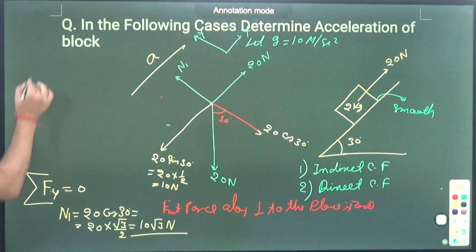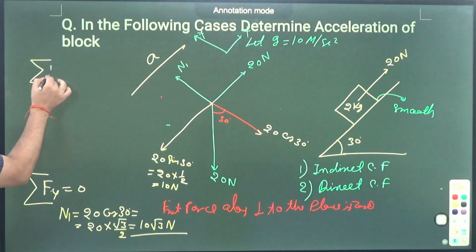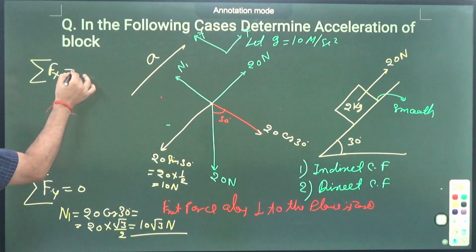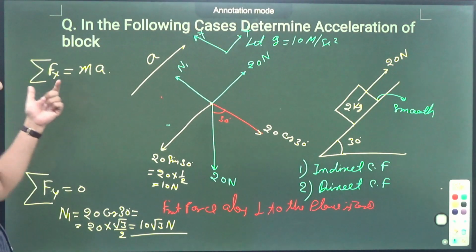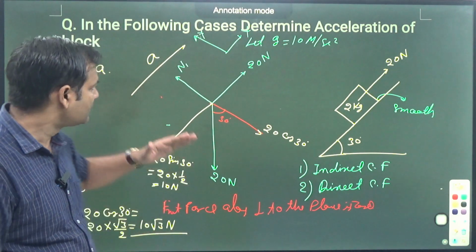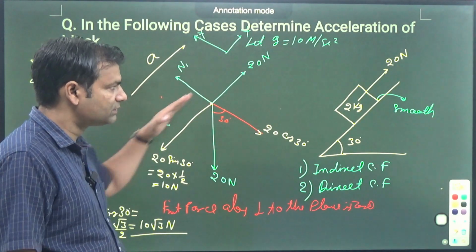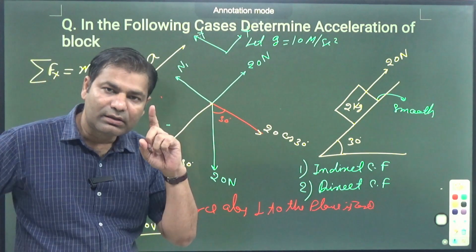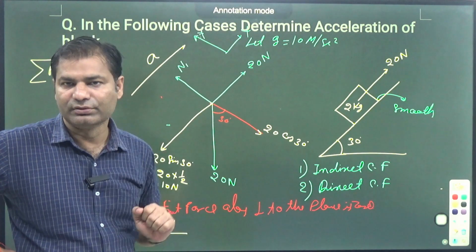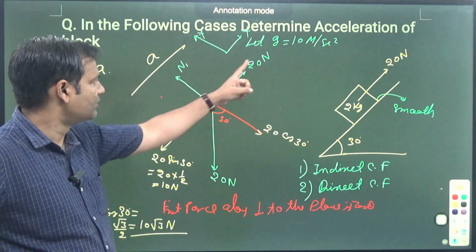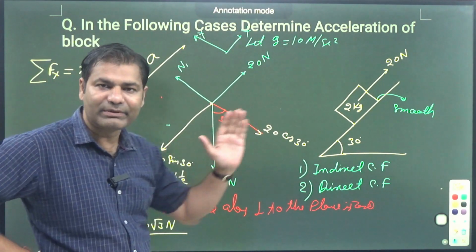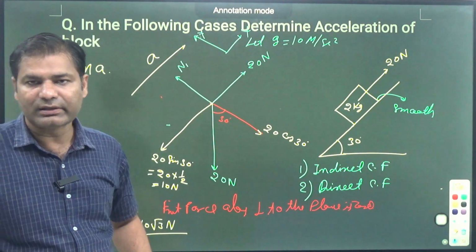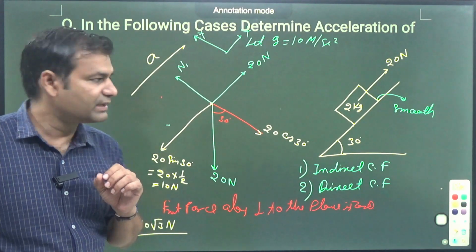So, F along capital X is equal to mass into acceleration. This provides the unbalanced force along the plane, which must not be 0, because 20 minus 10 is equal to 10 Newton along the positive capital X direction.